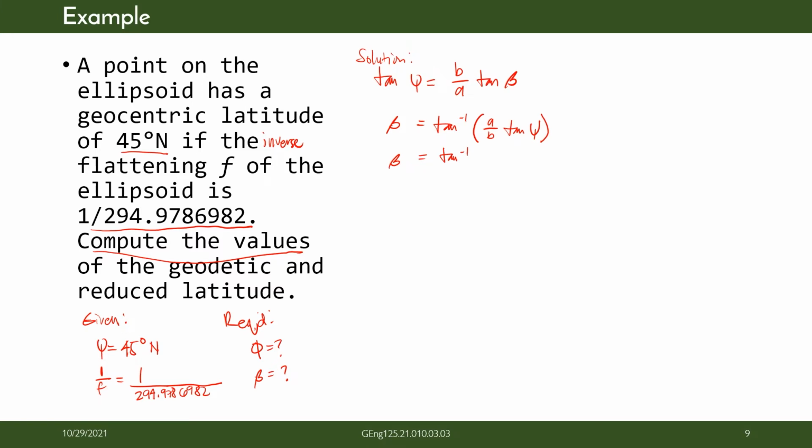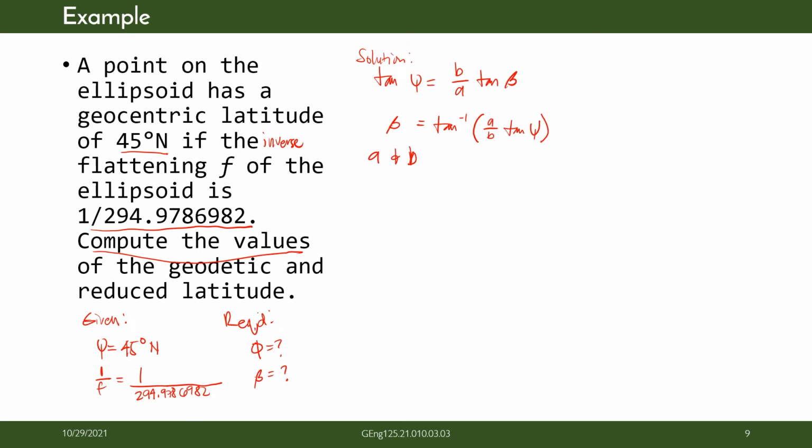But before we proceed on solving for beta, we don't have yet the values for a and your semi-minor axis.